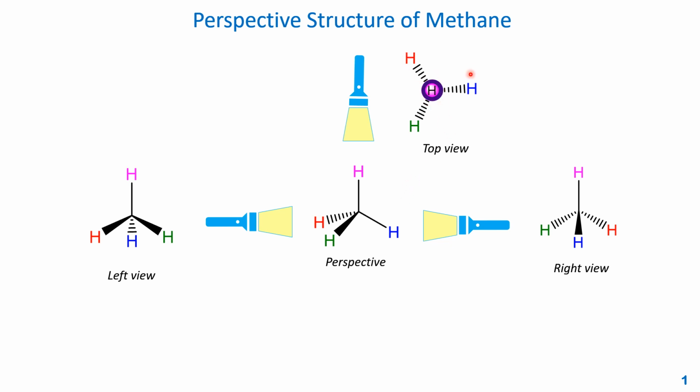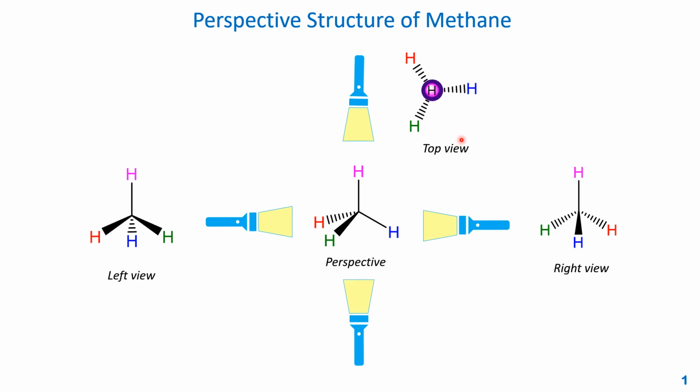The other three hydrogens, the red, green, and blue, are all away from you if you look from the top. The red will be pointed up away from you, green will be pointed down away from you, and blue will be to your right. They are all away from you. Only the pink hydrogen will be pointed to you, but you will not be able to see the bond. It will be blocked by the pink hydrogen atom.